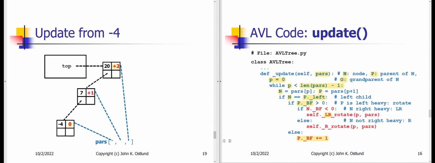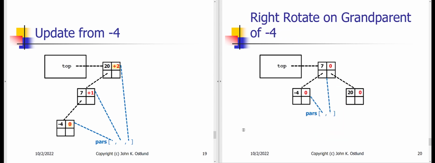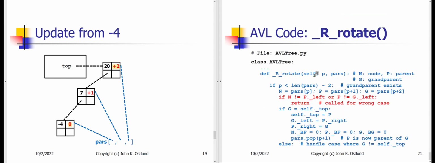The right rotation is going to receive our subscript and the list of all the ancestors. In this case, the subscript is going to be 0, and the ancestors consist of the node that we just added, plus its parent, plus the parent's parent.